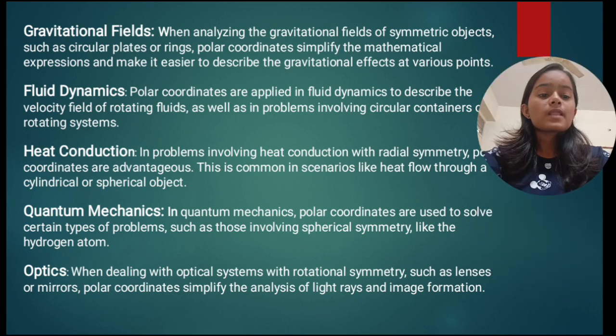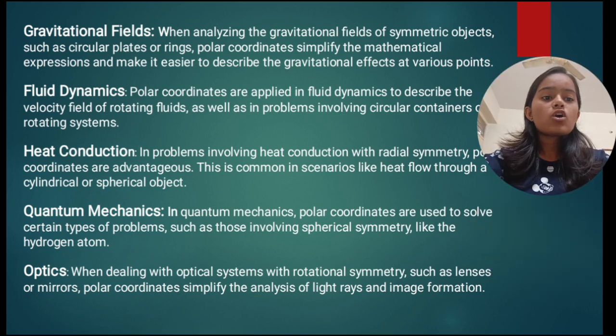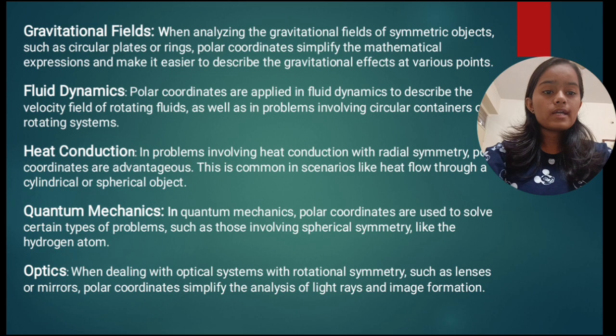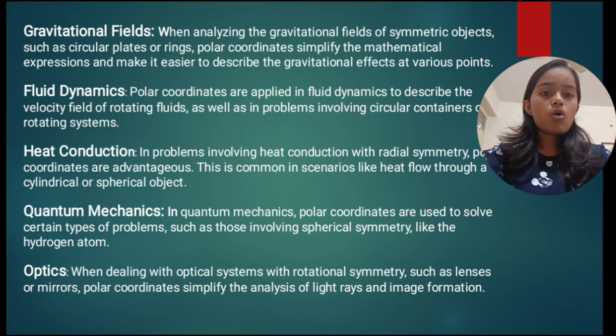Quantum mechanics. In quantum mechanics, polar coordinates are used to solve certain types of problems such as those involving spherical symmetry, like the hydrogen atom. Optics. When dealing with optical systems with rotational symmetry such as lenses or mirrors, polar coordinates simplify the analysis of light rays and image formation.